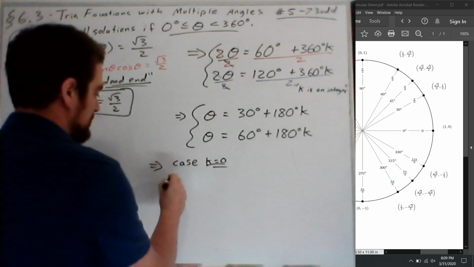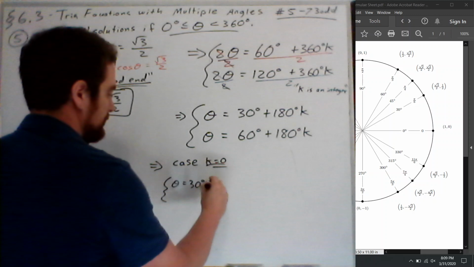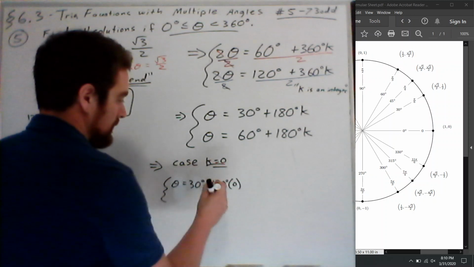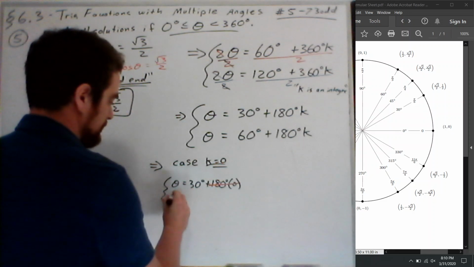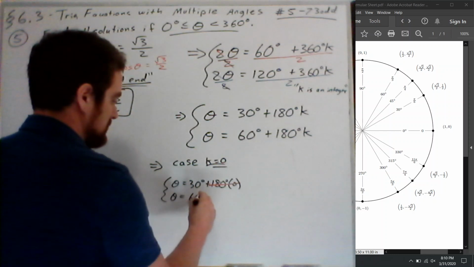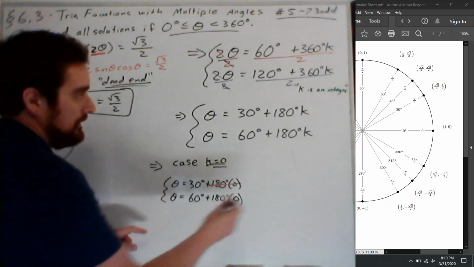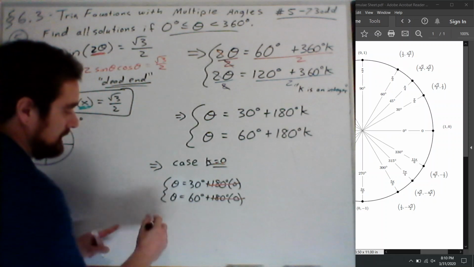That means theta is equal to 30 degrees plus 180 degrees times 0. Well, that picks up my first solution of just 30 degrees. I also need to look at the case where theta could be 60 degrees plus 180 degrees times 0. I'm letting k be 0. Well, that just picks up 60 degrees.